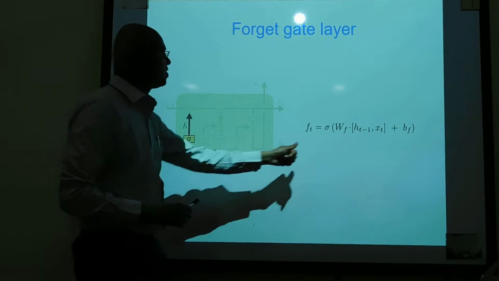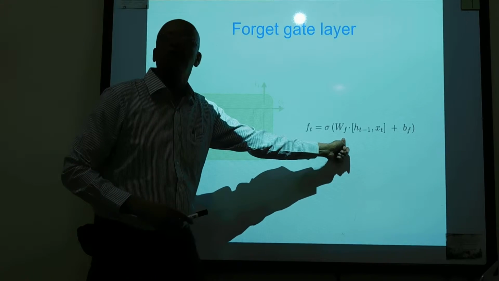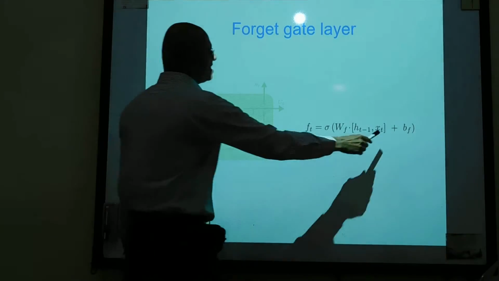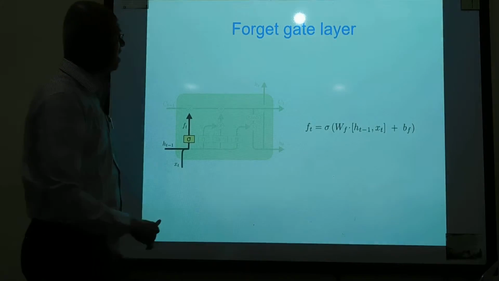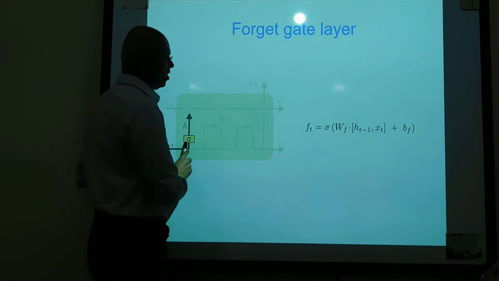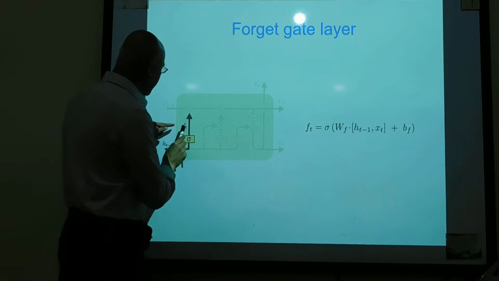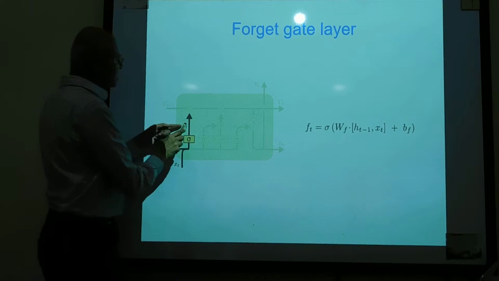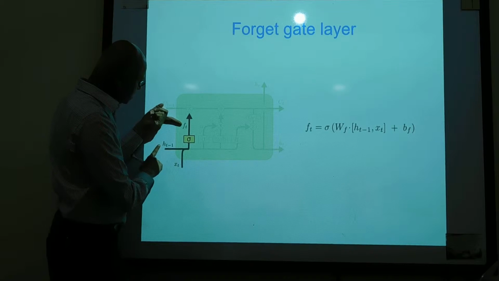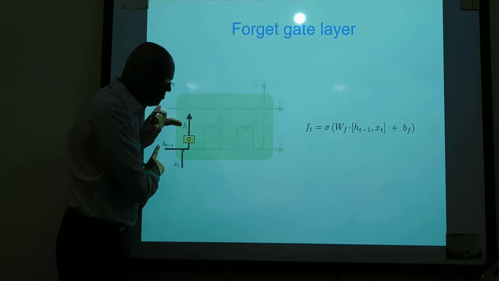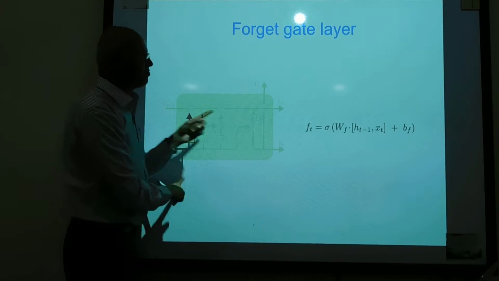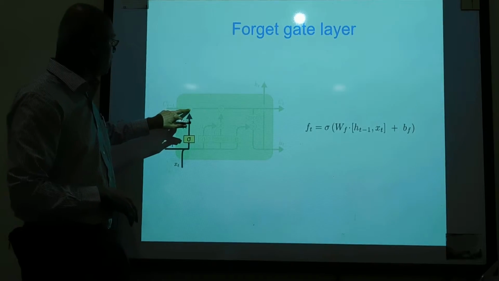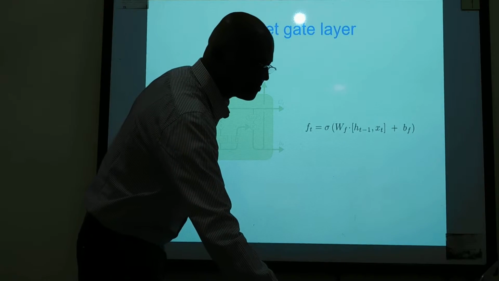Similarly, ht-1 is also multiplied by the weight matrix of the forget gate, WF. And then there is a bias of the forget gate, and it passes through a sigmoidal function. So ft at time instant t determines the amount of information that needs to be forgotten based on its state at the previous time instant and the current input. So this is the equation for the forget gate layer. There is a pointwise operation here, we will come to that later.